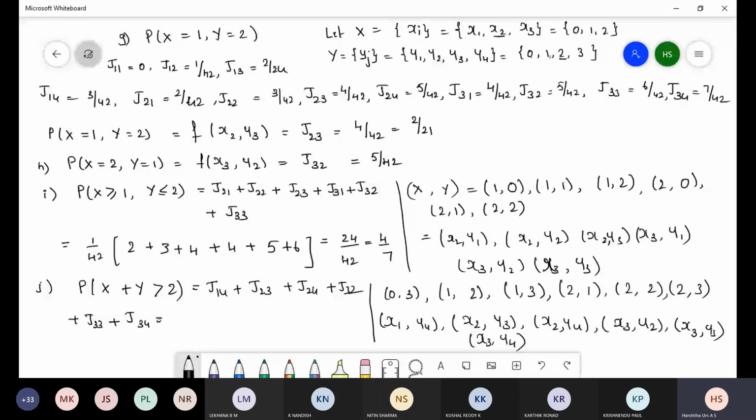Next, J24, 5 by 42. J32 is 5 by 42. J33 is 6 by 42. J34 is 7 by 42. Now, 7 plus 3, 10, 6 plus 4, 20, 20 plus 10, 30 divided by 42. 6 5s are 30, 6 7s are 42. This is the answer.